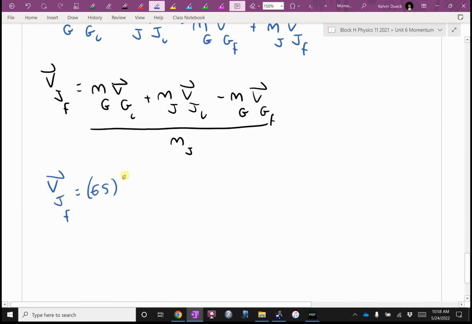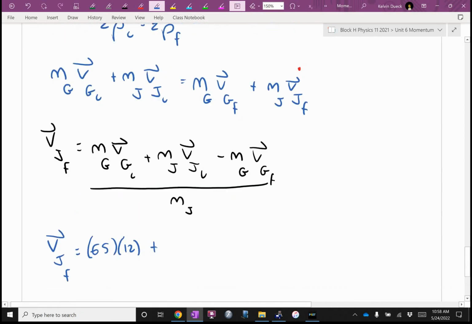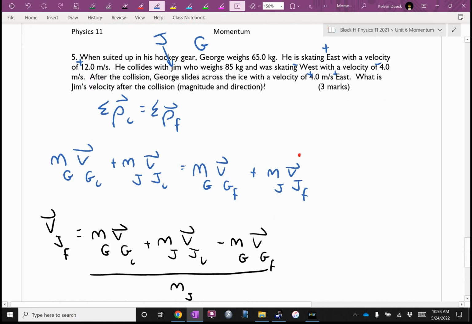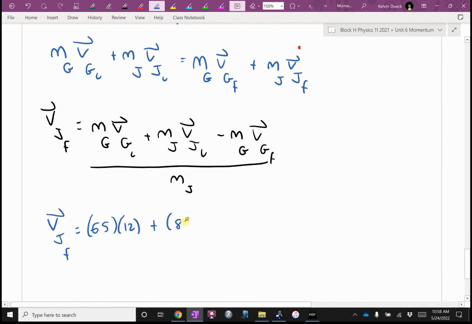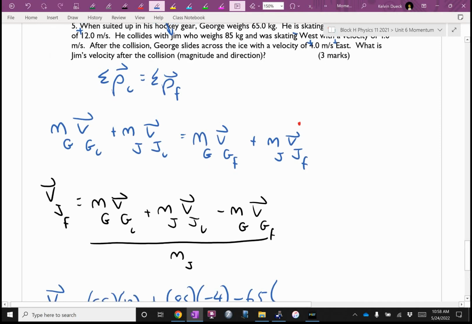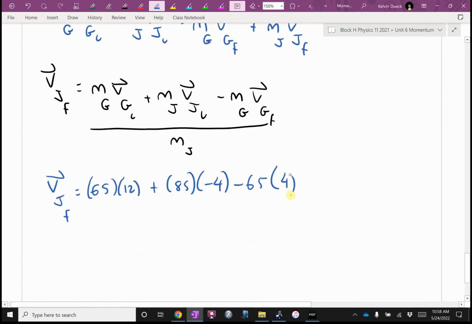times positive 12 plus 85 times negative 4 minus 65 times 4, all divided by 85.